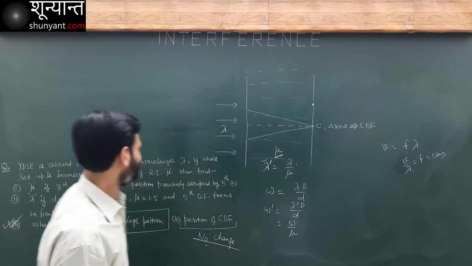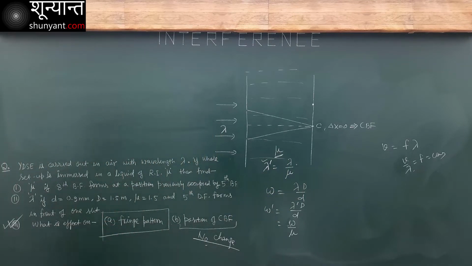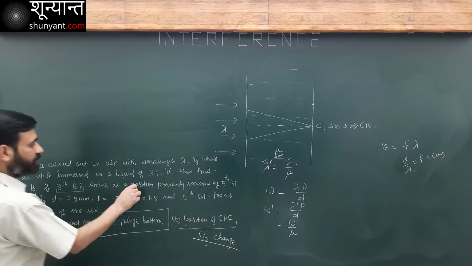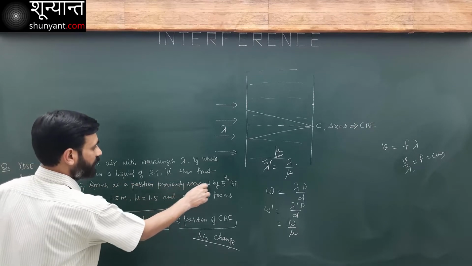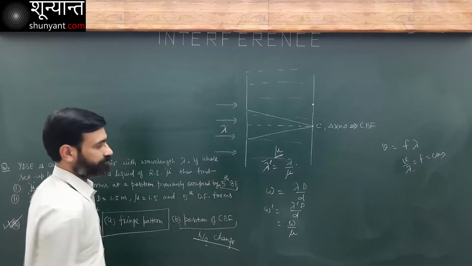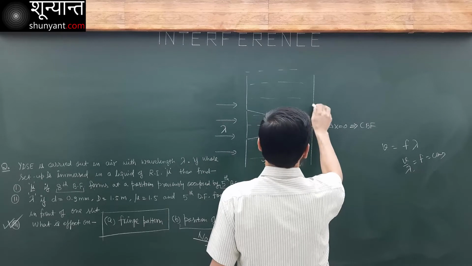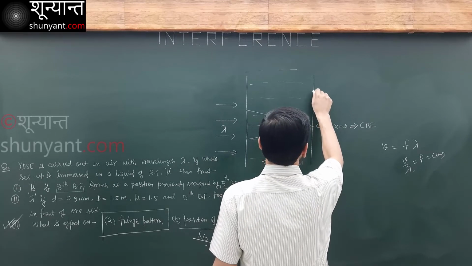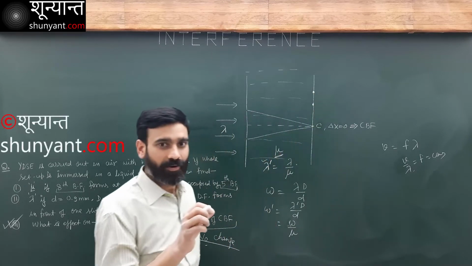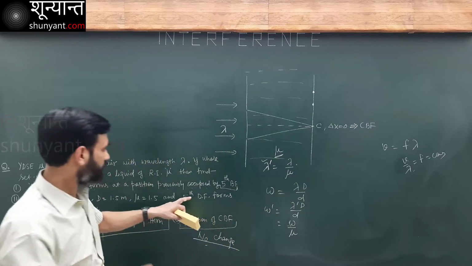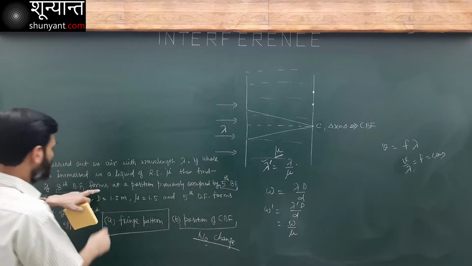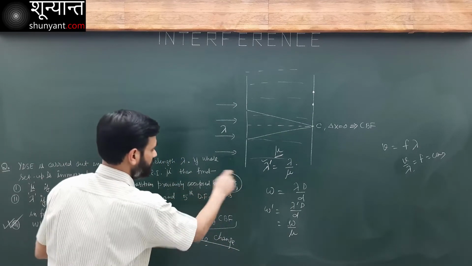Now, let's find out what it is. First of all, what is the refractive index of the medium if the eighth bright fringe forms at a position previously occupied by the fifth bright fringe? At some position, this position here, it was earlier occupied by the fifth bright fringe.